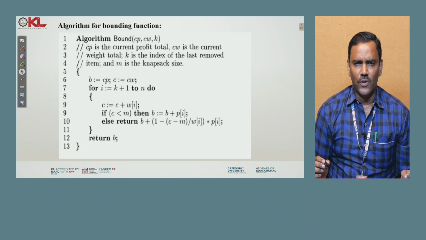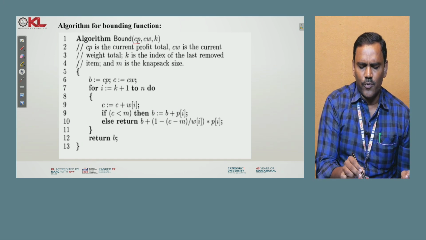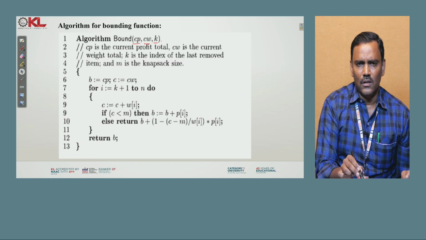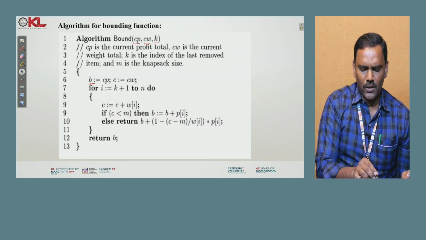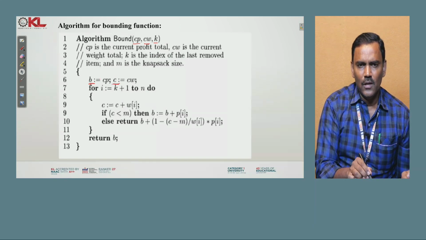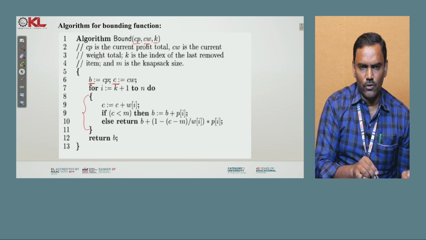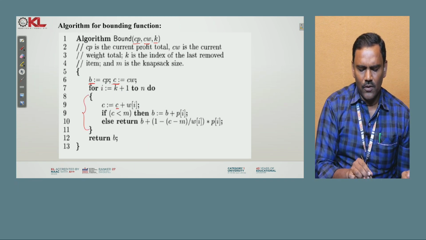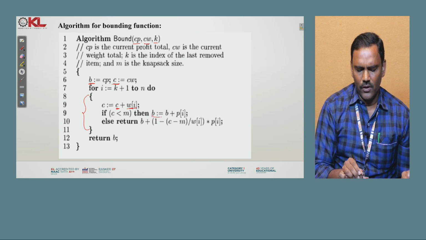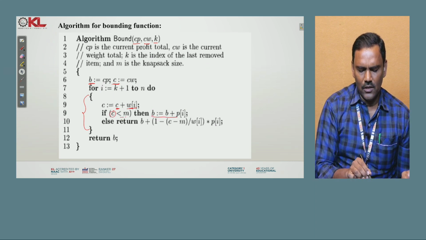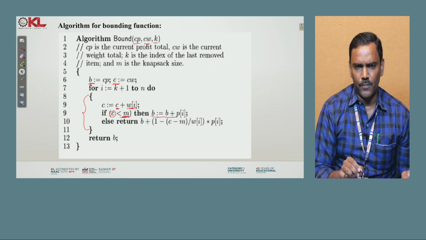Here in the bound function, we are going to be taking the current profit, current weight, and the k value, the current object value, which is nothing but the index of the last item we are taking. Based upon that, we are going to be assigning b value and c value, and we are iterating the loop and checking the sum of current weight while we are adding, whether the current weight is less than the m capacity, that is nothing but the knapsack capacity, then we are going to be summing that one of the profit.